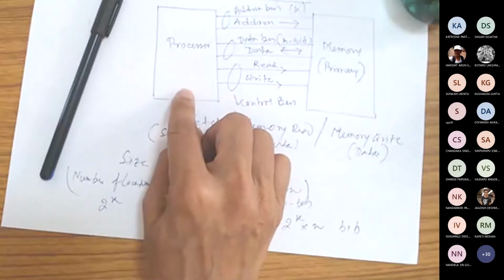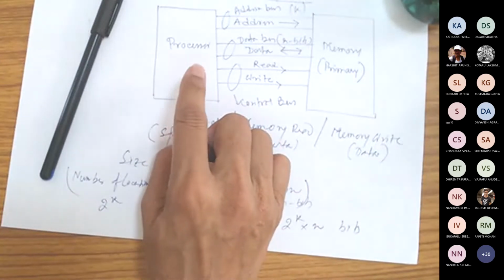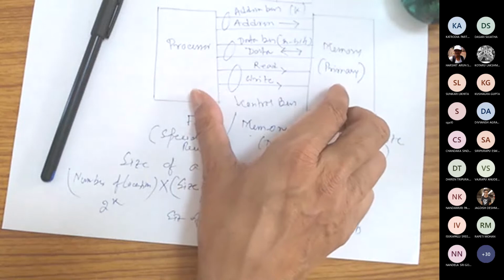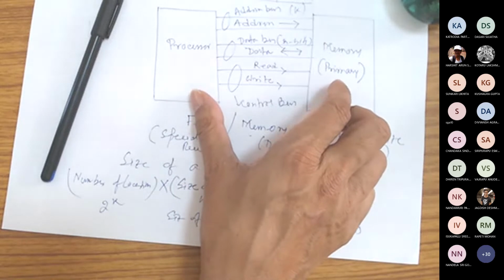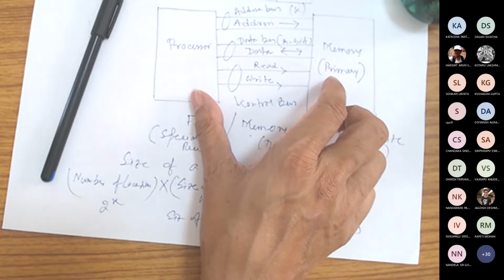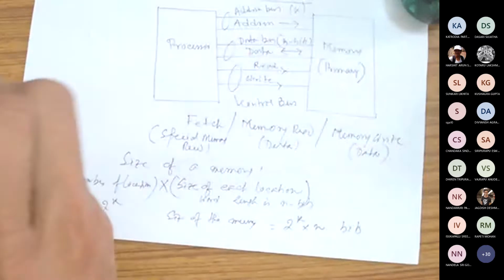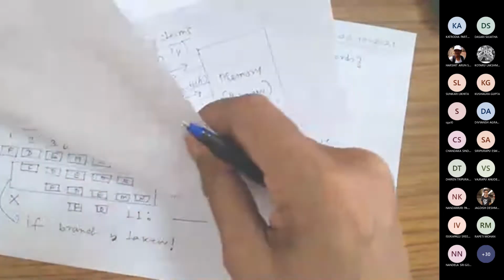If you design the memory using the same type of circuits that are being used in the processor, you are not going to make it with a cheaper cost. It will be highly expensive. So these are the two important parameters. One is the speed, another one is the cost.